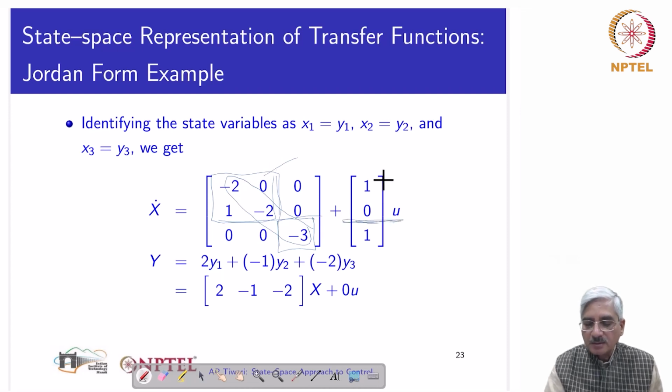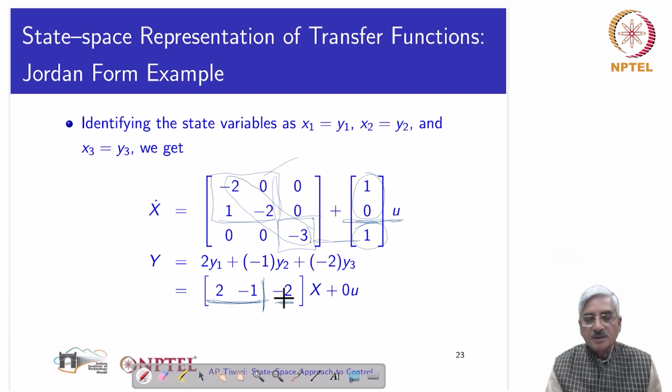Corresponding input matrix, this is corresponding to the first Jordan block, this is corresponding to the second Jordan block which has only one element. And this is the C matrix corresponding to the first Jordan block, and this is the C matrix corresponding to the second Jordan block, and of course the direct coupling matrix between input and output is 0.